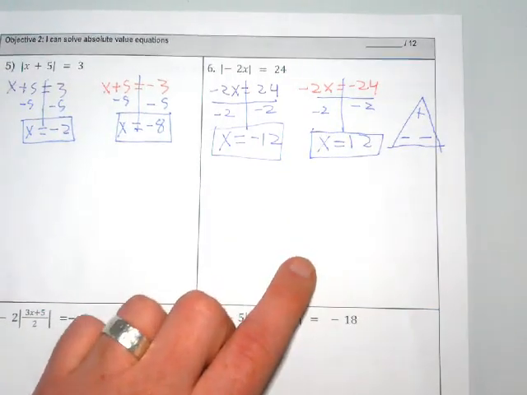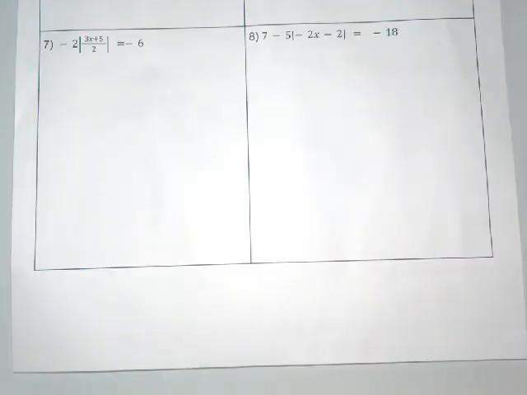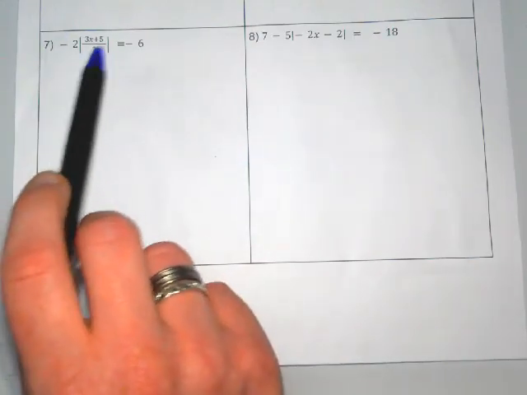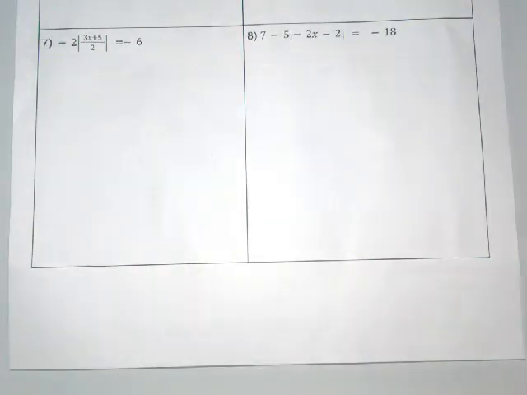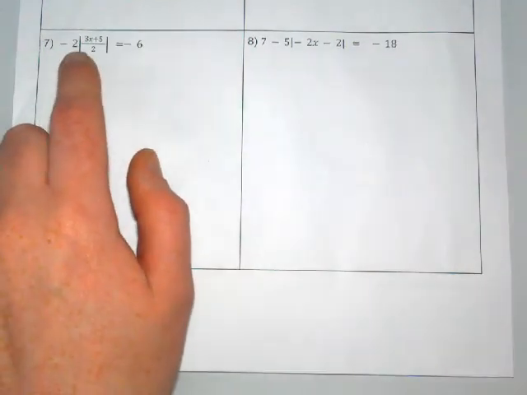All right. For problems 7 and 8, before I can drop those absolute value bars, I first need to isolate my absolute value on one side of my equation. So I can see on the left side here, I have a negative 2 outside of those absolute value bars. So before I can get rid of the absolute value bars, I need to get rid of the negative 2. This negative 2 is currently trying to multiply the inside of here.